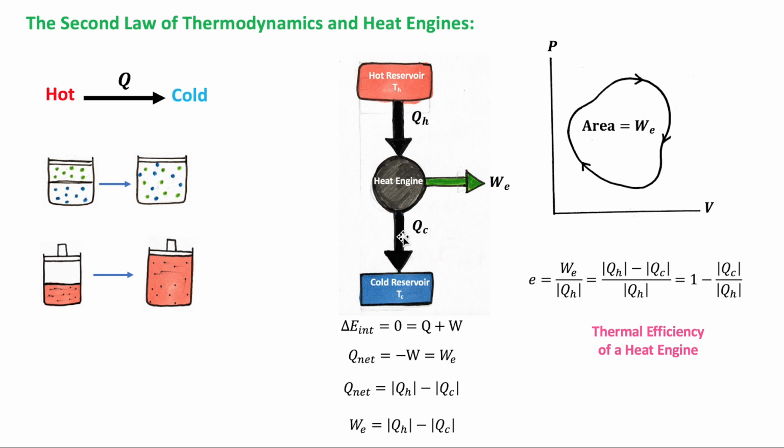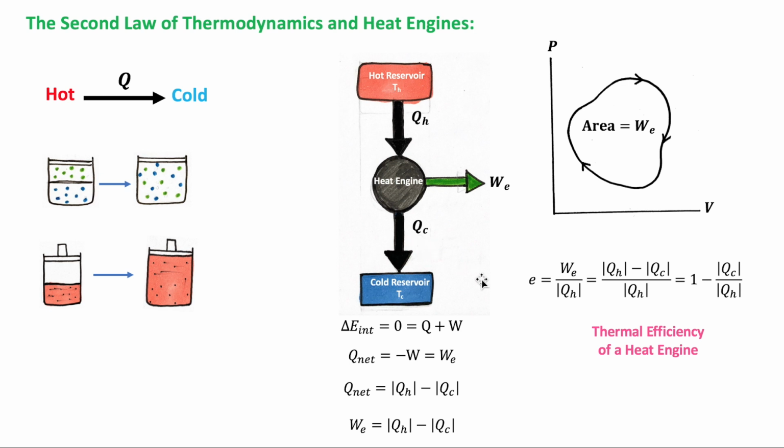So the engine absorbs a quantity of heat QH from the hot reservoir. It does work, and then it gives energy QC to the cold reservoir, and this output energy is known as waste energy or exhaust energy.